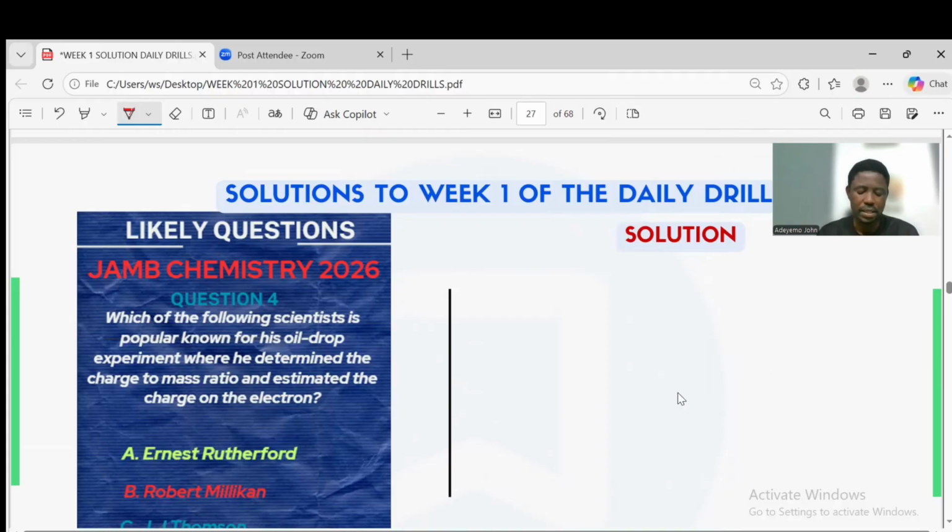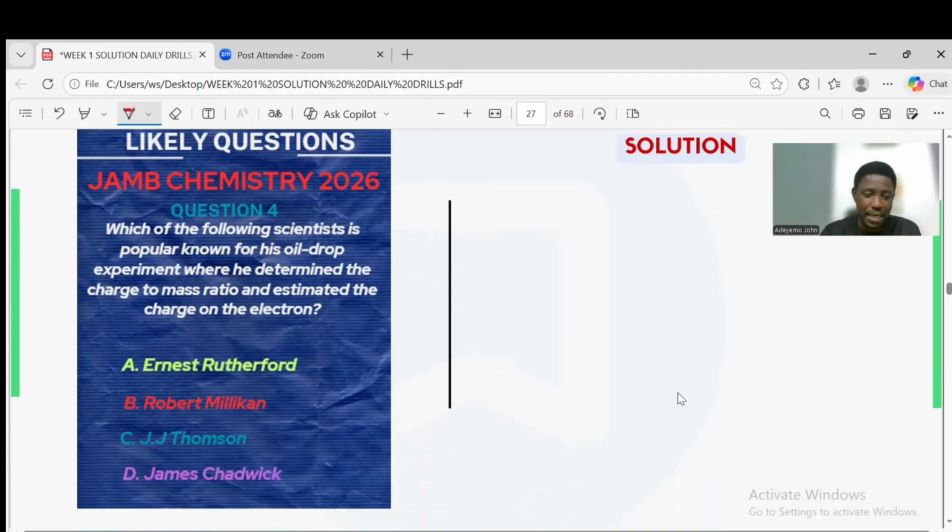J.J. Thomson discovered the electron, and Chadwick the neutron. So Robert Millikan was popularly known for his oil drop experiment and determined the charge on the electron. Please take note of that.